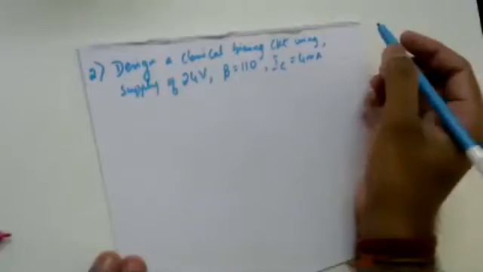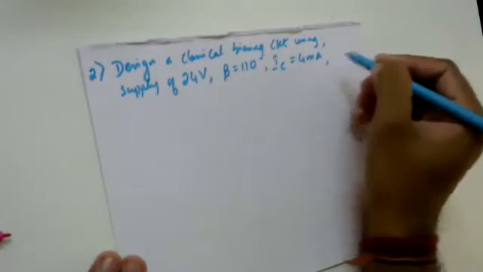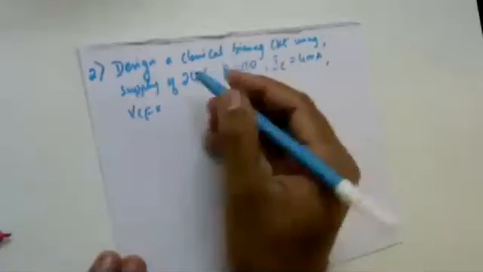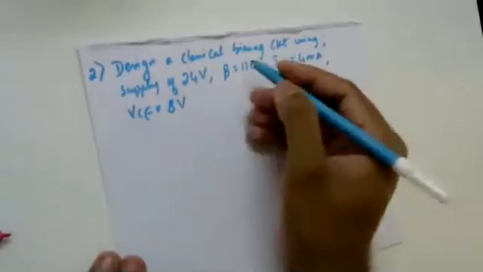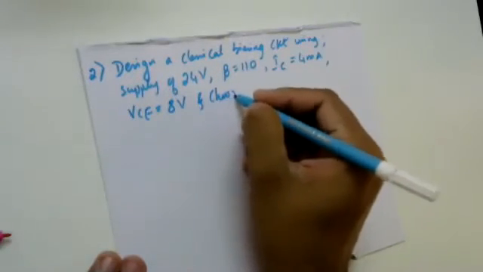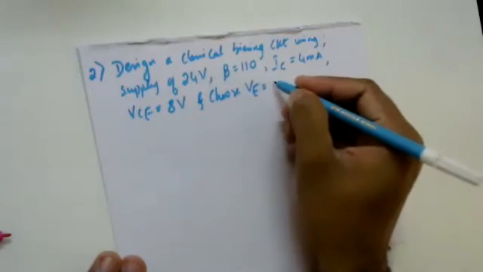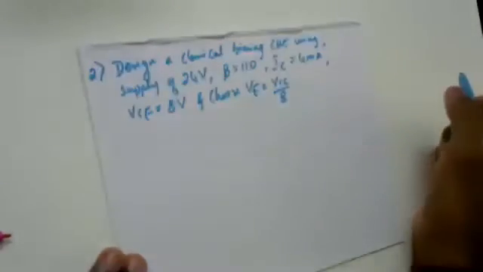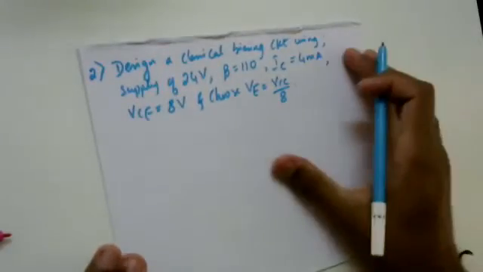The VCE output voltage is 8 volts, and choose the emitter voltage as VCC by 8. So this is what he has given in the numerical.